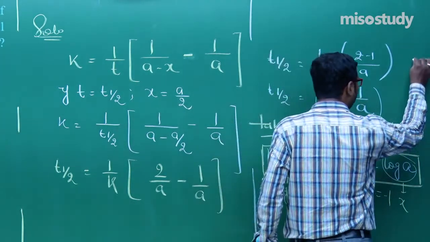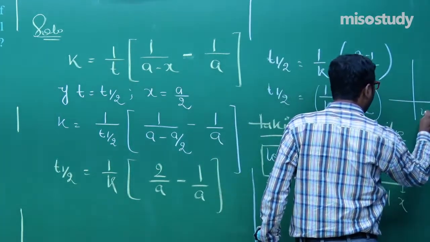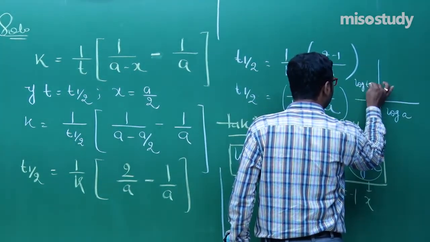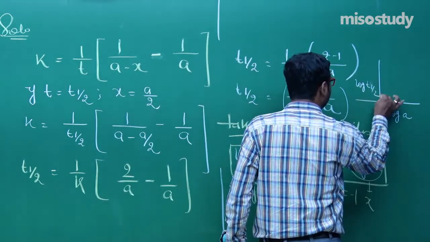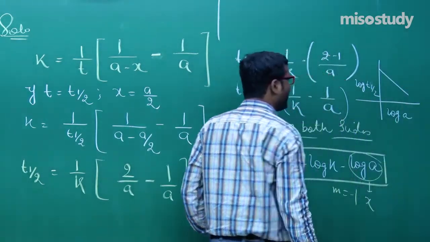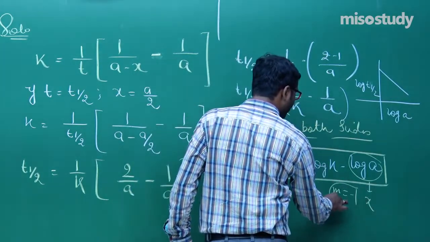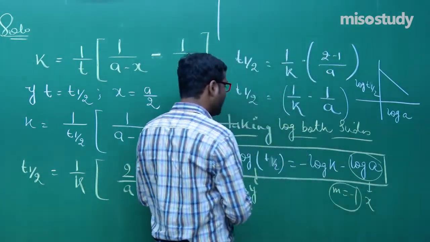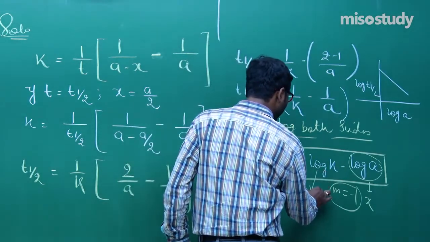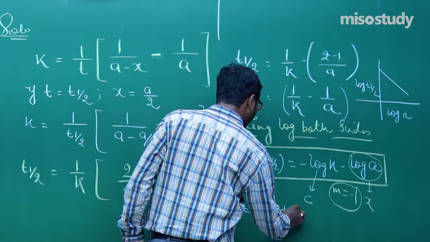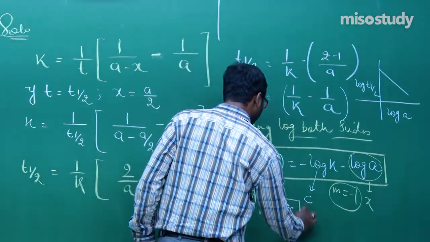If I draw the graph of log a and log t half, then the graph will be like this, and this one is m according to the question, and this one is c, because y is equal to mx plus c is the expression.